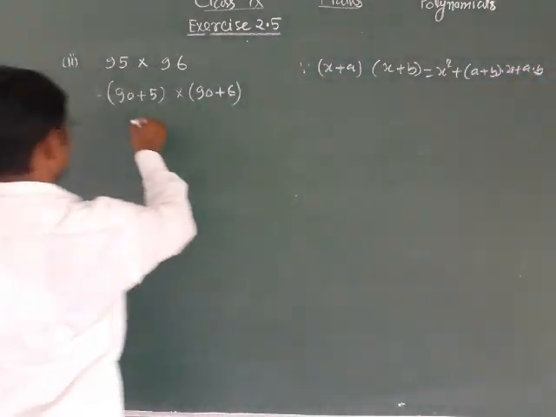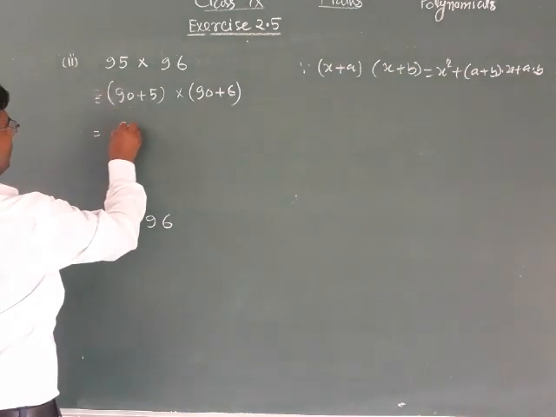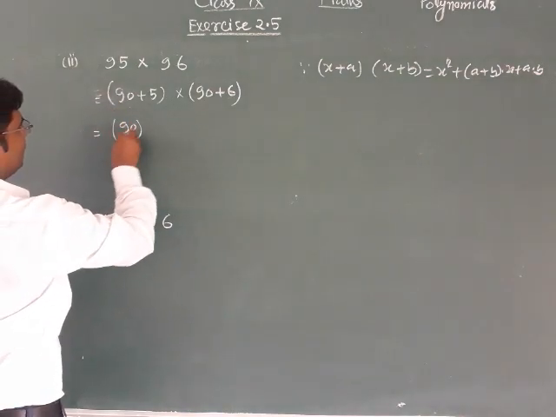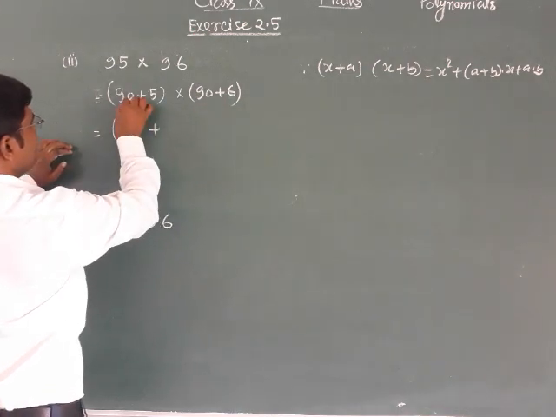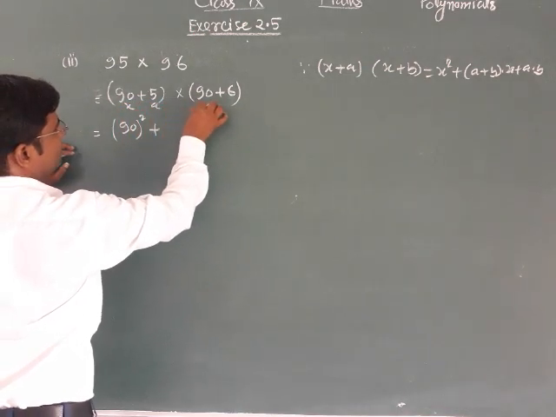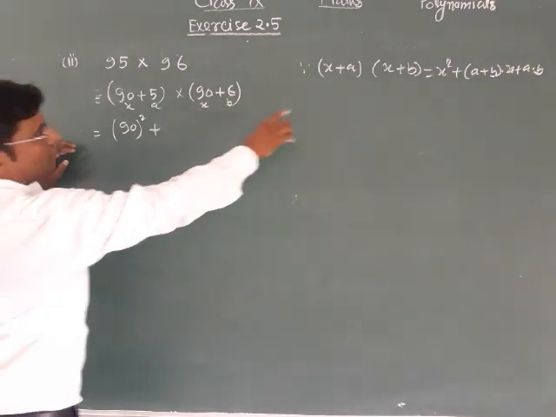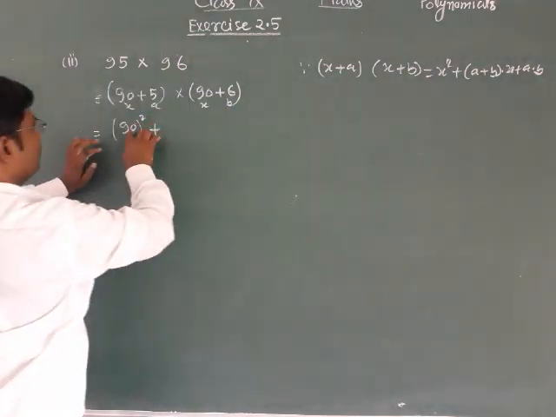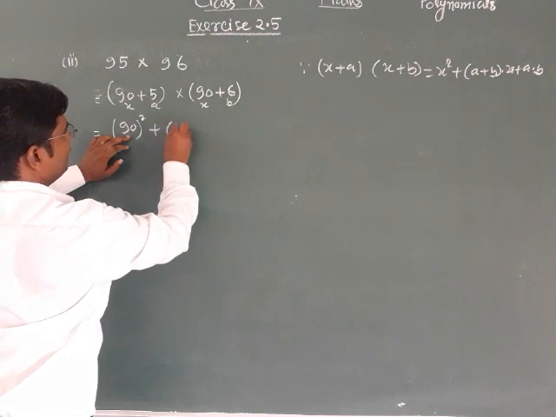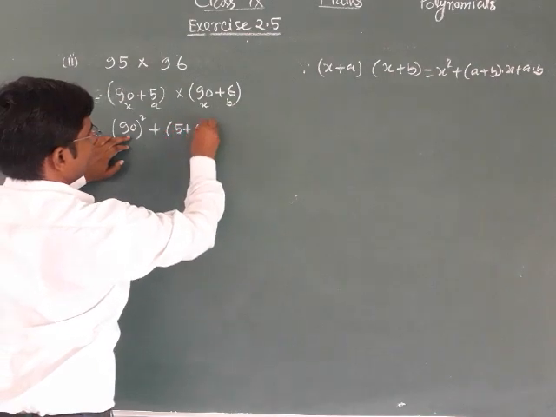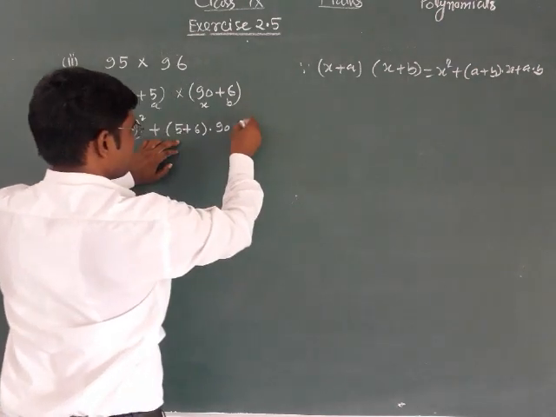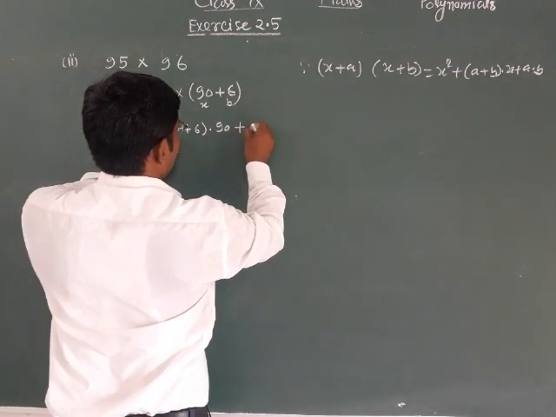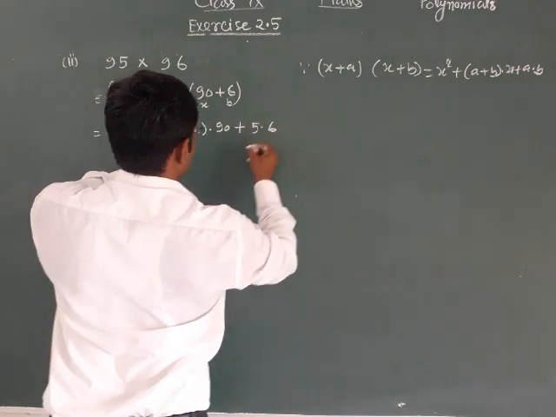Use this identity here. So 90 square plus, in bracket, this is x, this is a, this is x, this is b. Use this identity: 90 square, in bracket 5 plus 6, into 90, and plus 5 into 6.